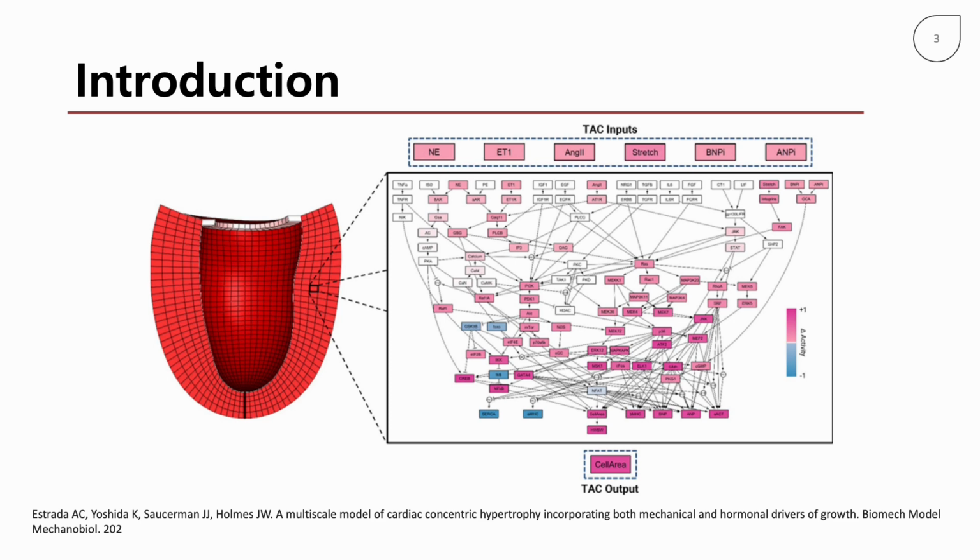They combined a finite element model of a ventriculus, and the growth rate was computed from a cell signaling network, from a biological process of the cell that in this case led to cell area increase, because they were interested in studying hypertrophy in the heart.